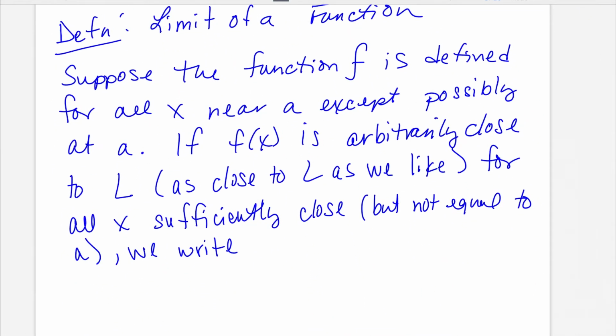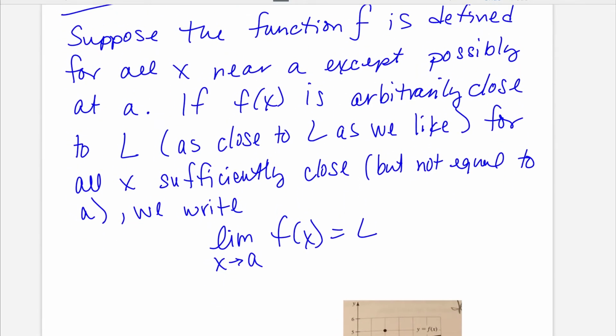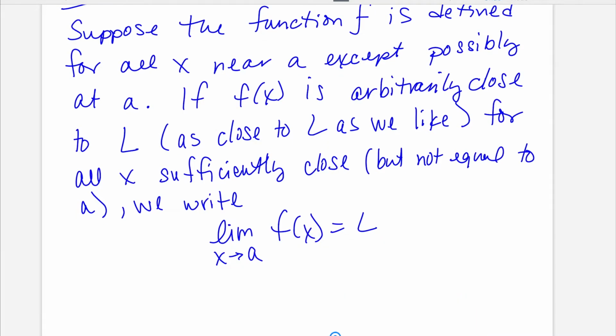And then here's the gold, people. Here's the notation. The limit as x approaches a of f of x equals L. And we say, let me scoot this down. I got this up here too close.